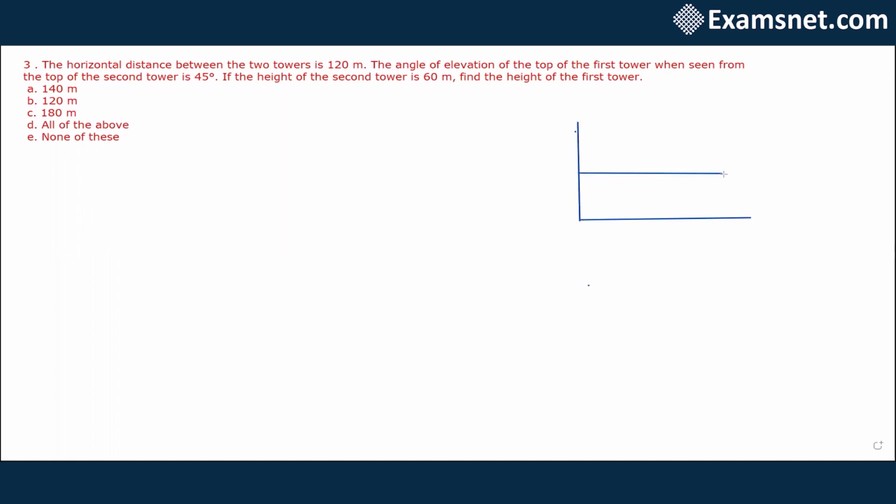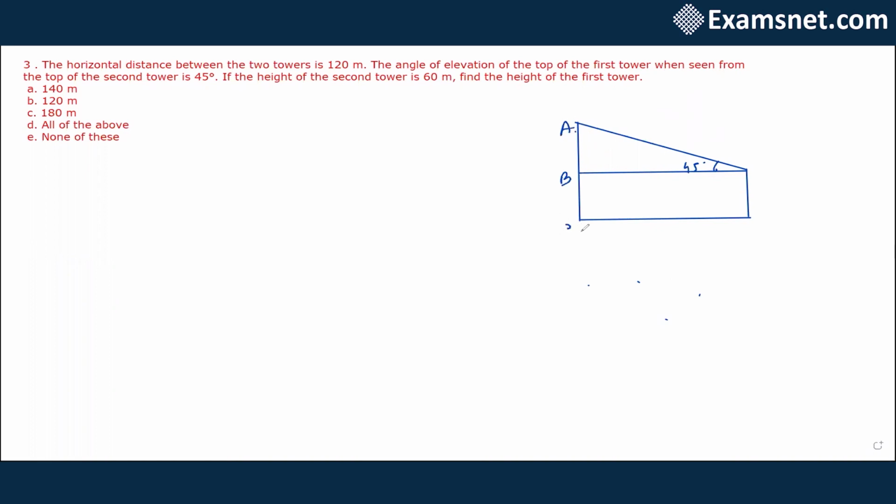Let's say the shorter tower is here. So when seen from the top of the shorter tower to the top of the first tower, the angle of elevation is 45°.